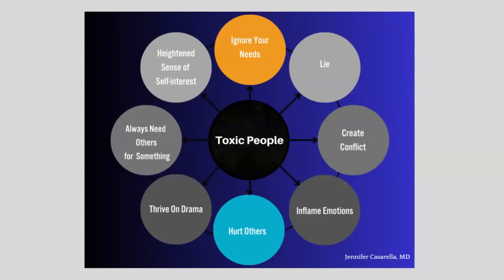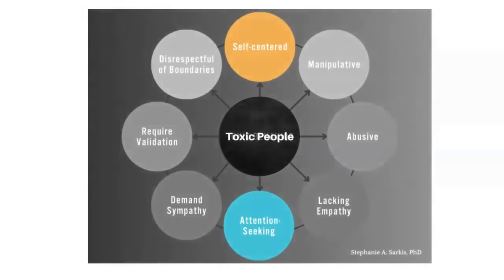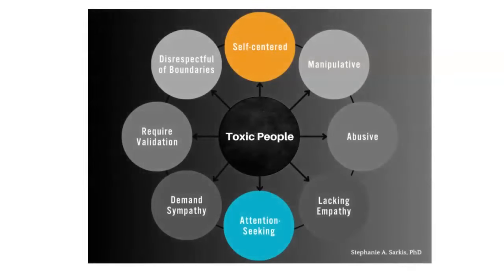They do whatever it takes to get what they want, and that includes lying, bending the truth, leaving out information, and even hurting other people if necessary. They also have a heightened sense of self interest and may also need to showcase their greatness for affirmation. Dr. Stephanie Sarkis of Psychology Today expounds on this topic even more.